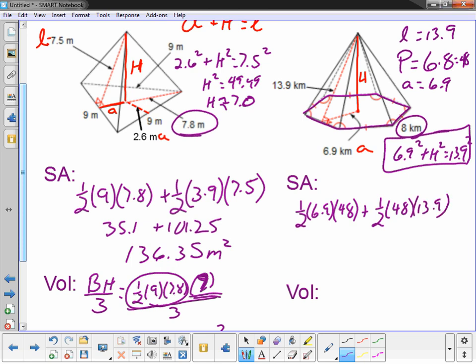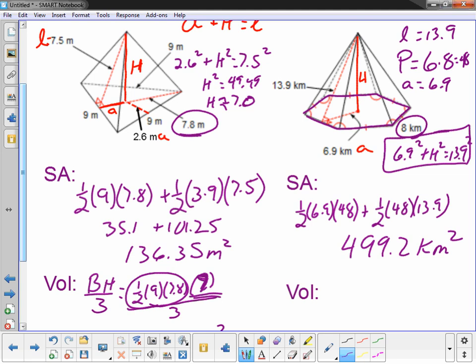Just using the formula. So 0.5 times 6.9 times 48 plus 0.5 times 48 times 13.9, I get a total of 499.2 square kilometers as the surface area of that pyramid.